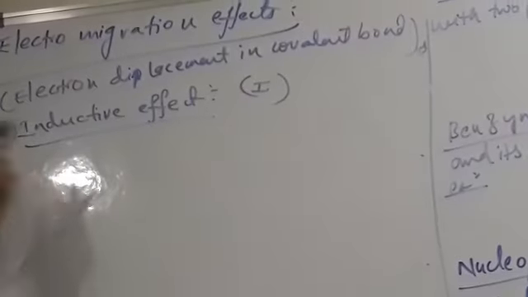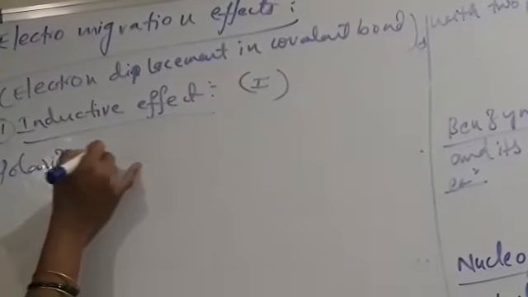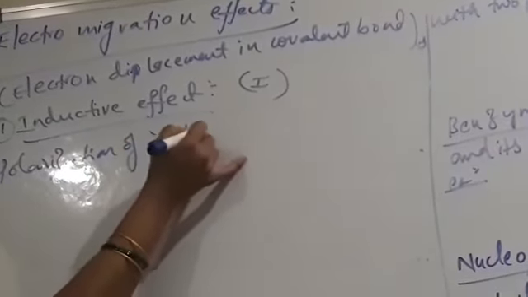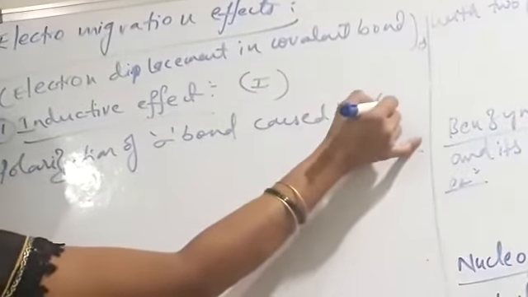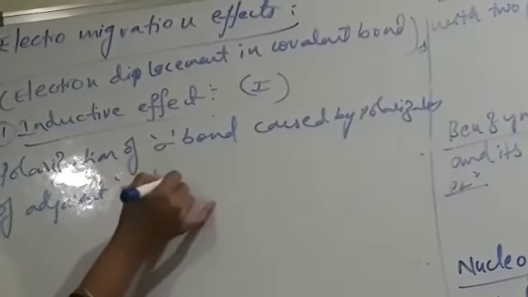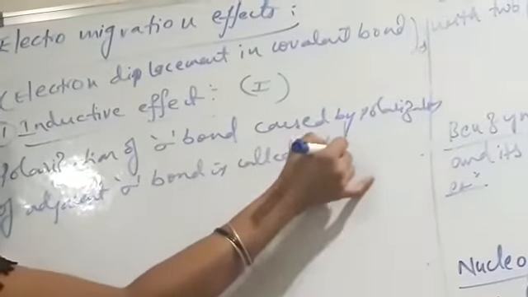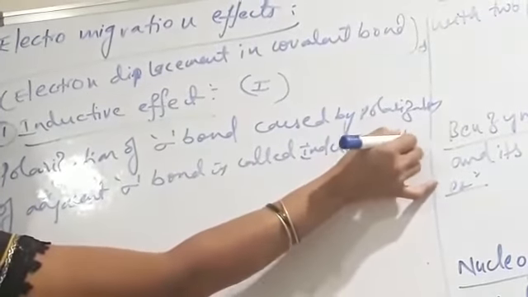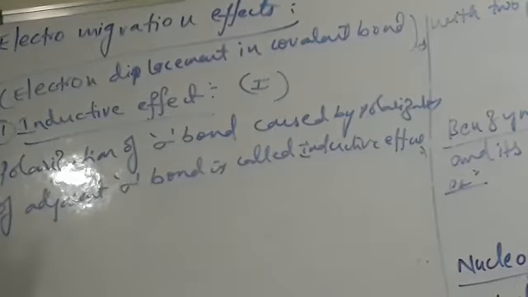So the polarization of a sigma bond caused by the polarization of an adjacent sigma bond is called the inductive effect.